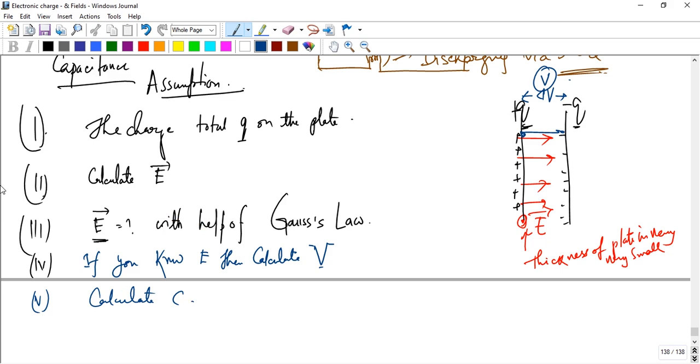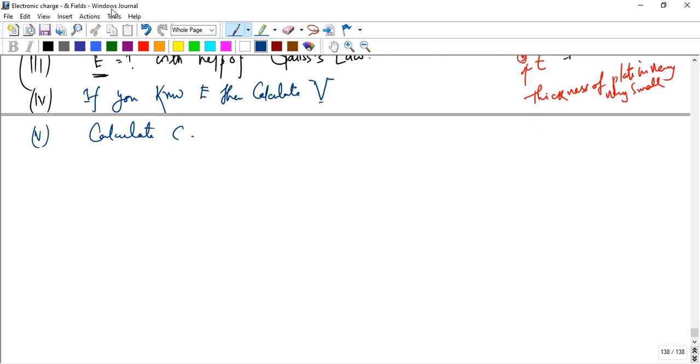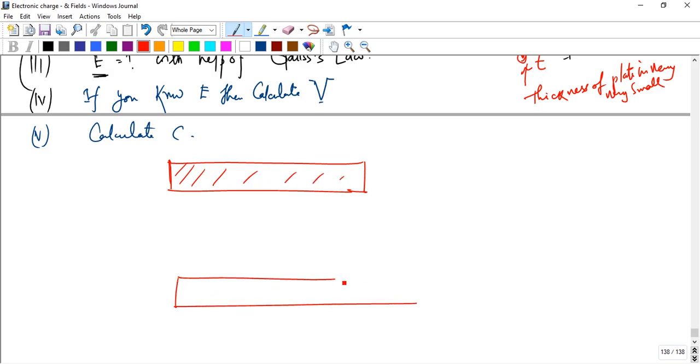So first, take a surface like that. The upper equipotential surface and the bottom equipotential surface. The thickness is very small, that's important. There is plus charge here, minus charge here, so the electric field is in that direction.